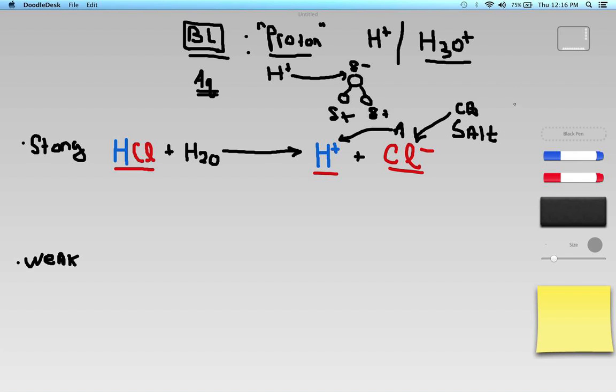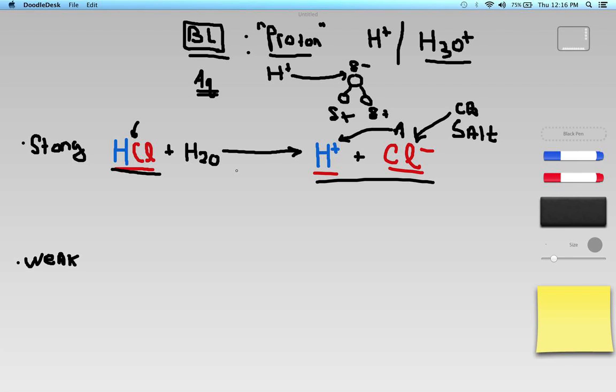Now, what makes hydrochloric acid a strong acid in the first place is that virtually every molecule of hydrochloric acid that I put into an aqueous environment is going to dissociate. It is going to break up into a hydrogen or hydronium ion or proton and its salt.